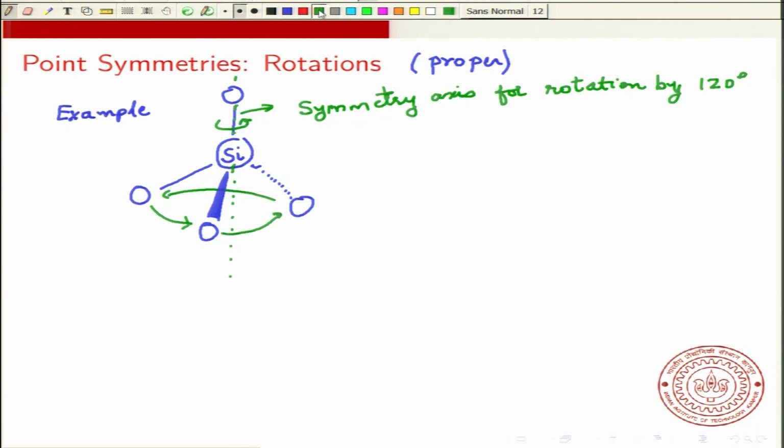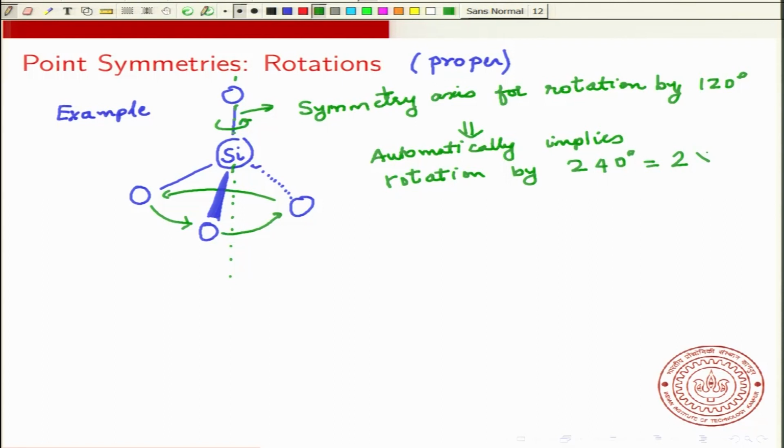Once you have rotation by 120 degrees, it automatically implies rotation by 240 degrees, which is the same as doing the rotation by 120 degrees twice.